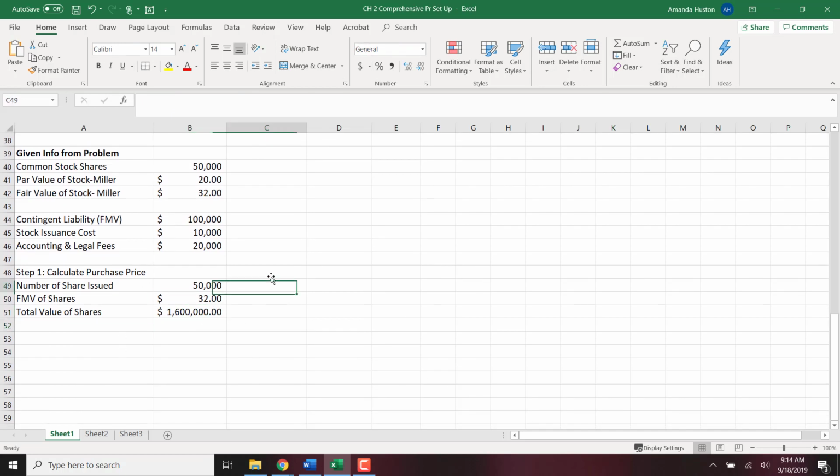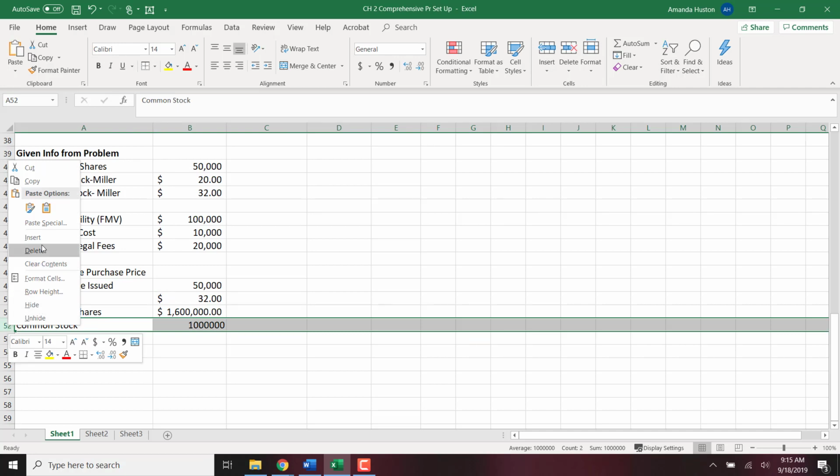So the other thing we'll need to do is separate this if we're going to make a journal entry. Common stock would be this times this, right?